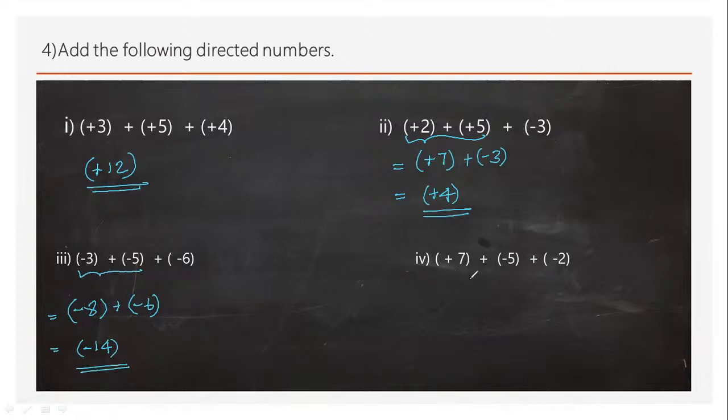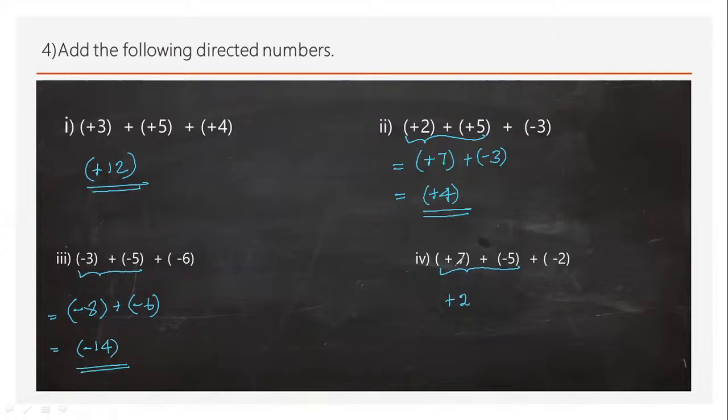Next one, plus 7 plus minus 5 plus minus 2. So we can write plus 7 plus minus 5, different signs being added. We have to take the difference, plus 7 plus minus 5, then plus minus 2. 7 subtract 5 is 2.